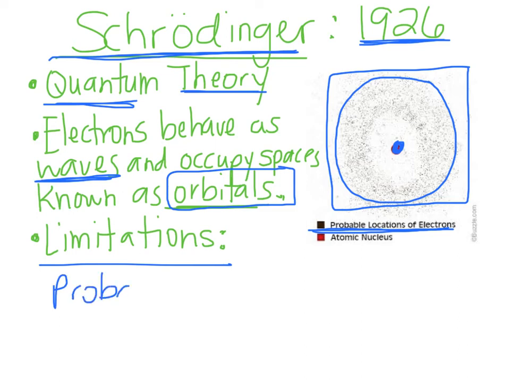It's all probability based. We still do not know 100% sure exactly where the electrons are. We just have a probability base, like it's 90% here most of the time. Maybe in the future this will change, but this model has actually been verified, and I'm going to show you how it's been verified in class tomorrow.